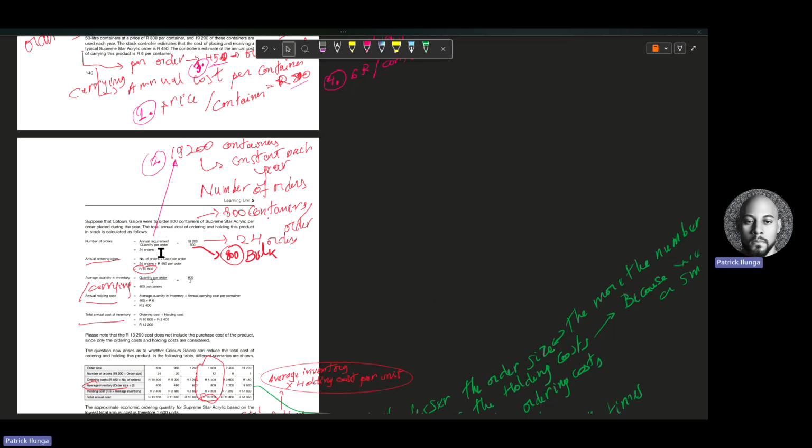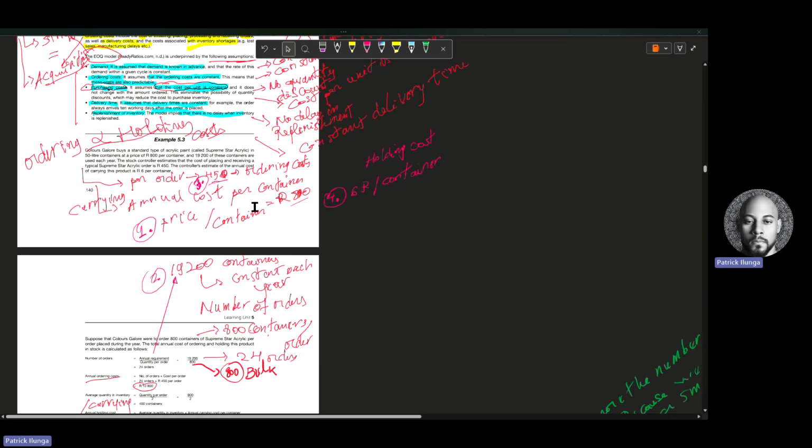Now you are being asked something very specific. You need to find the economic order quantity. So we know, for example, can we calculate the annual ordering cost? We know what the ordering cost is, 450.